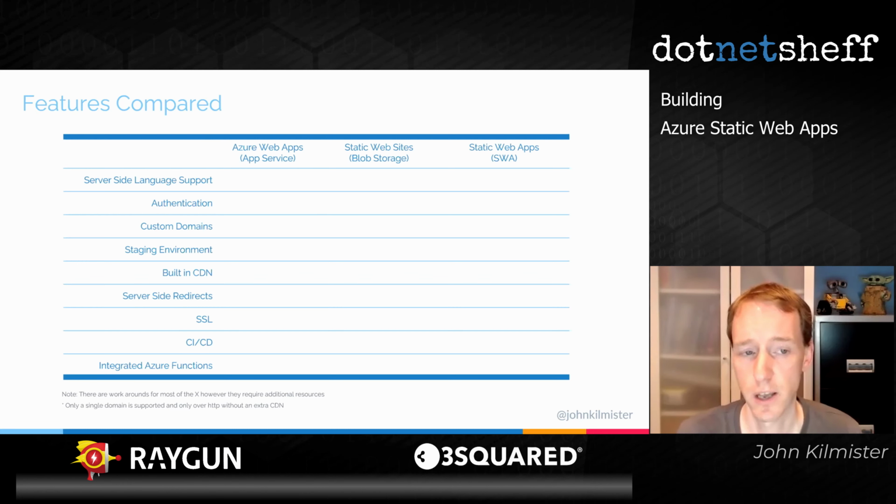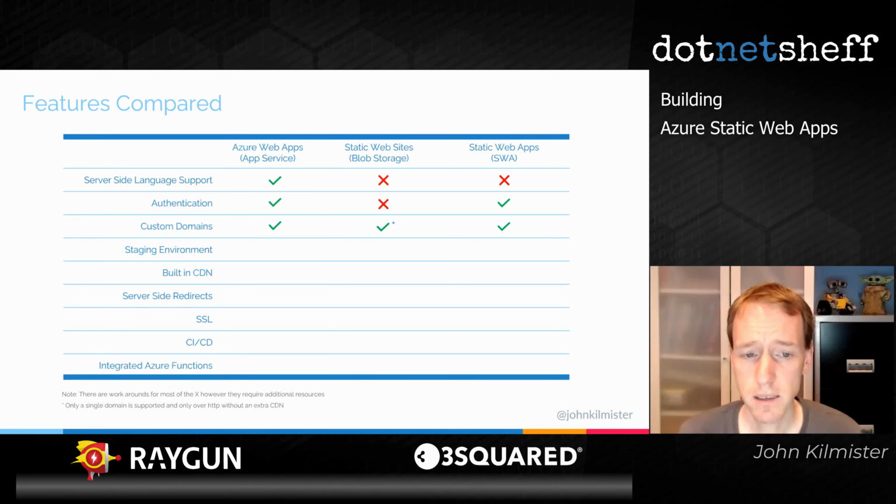But they do support server-side languages. And then we've got our static web apps that we're just talking about. So if you are looking at doing .NET or PHP or Java, you'll still need to use Azure Web Apps. But when it comes to things like authentication, that's now available in your static web app, something that hasn't been available if you were hosting your site in blob storage.